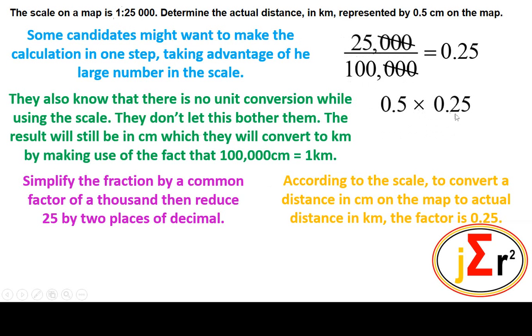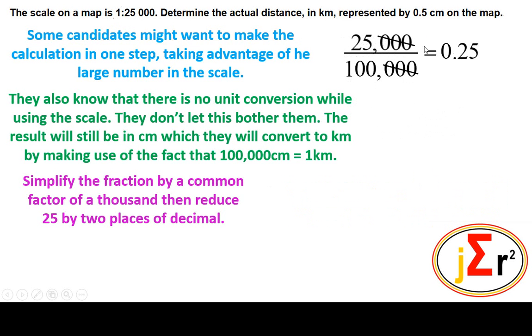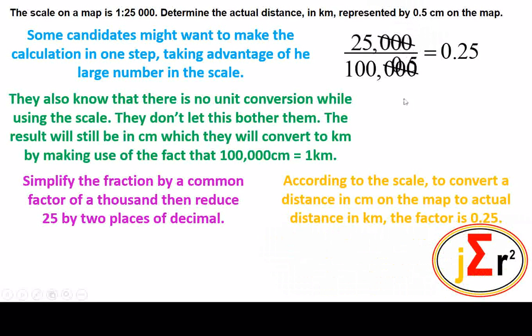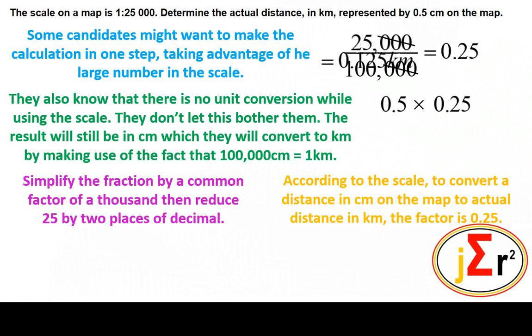And when we arrive at the scale factor, we just use it to multiply the figure right there. So that figure is going to be multiplied by the new scale factor, which is a one-time conversion scale factor, all in one. And the result is equal to 0.125 kilometer.